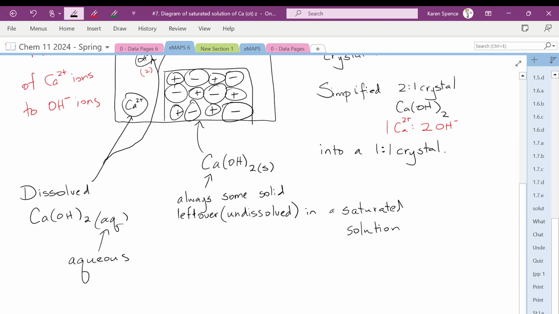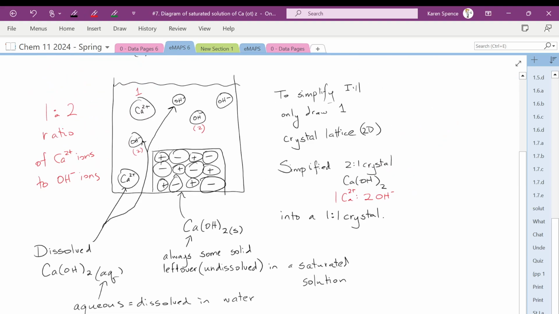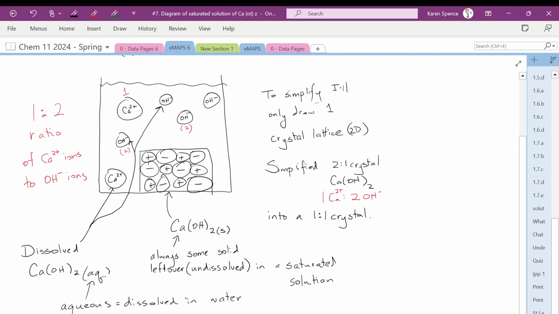And the definition of aqueous is dissolved in water. Okie dokie. So that is a picture of a saturated solution of calcium hydroxide. So that should look approximately like what you got in the notes that were handed out yesterday. Okay?